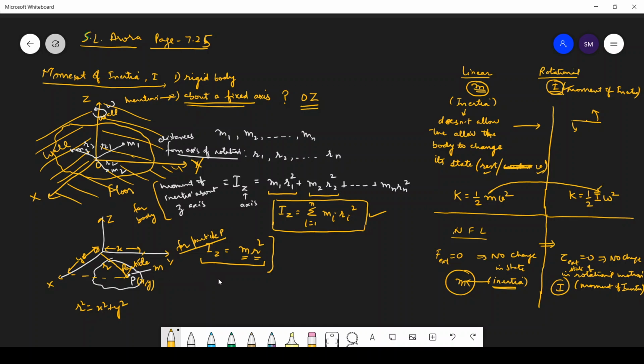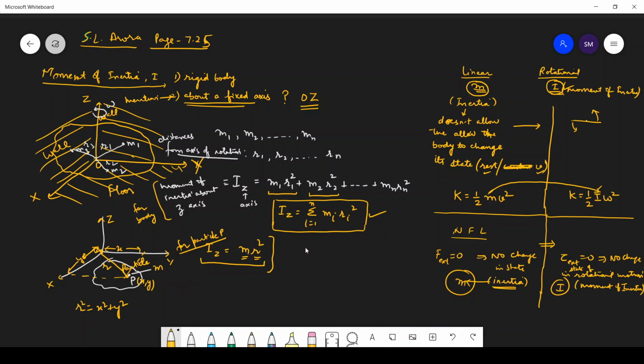So students, you can assume this as one of the corners of your room, to visualize and understand it properly, or you can assume it as one of the corners of your table, and this body lies and it is rotating about the z-axis.